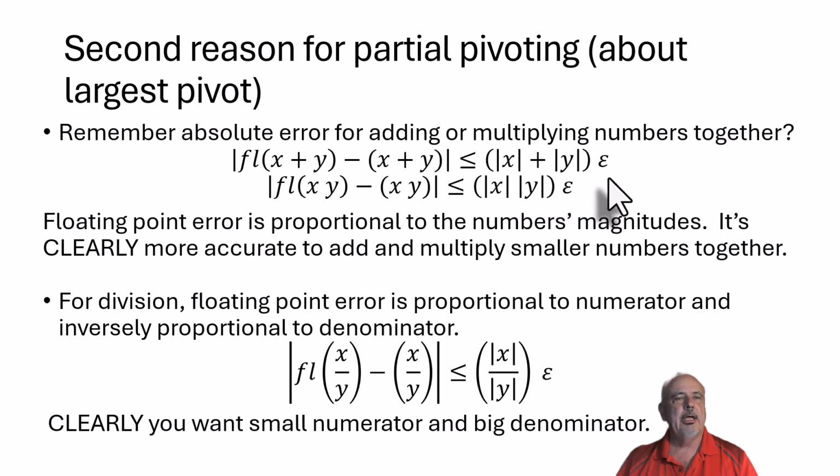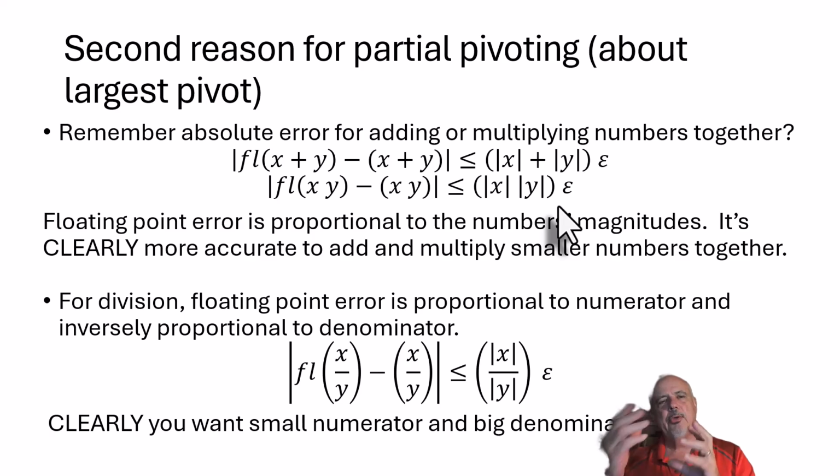Or if you multiply two numbers together, you're going to end up with a floating point error that's equal to the product of the absoluted numbers times the machine epsilon. So what I taught you before is that you want to add the small numbers first, or multiply the small numbers first if you have a sequence of things that you need to add and multiply.